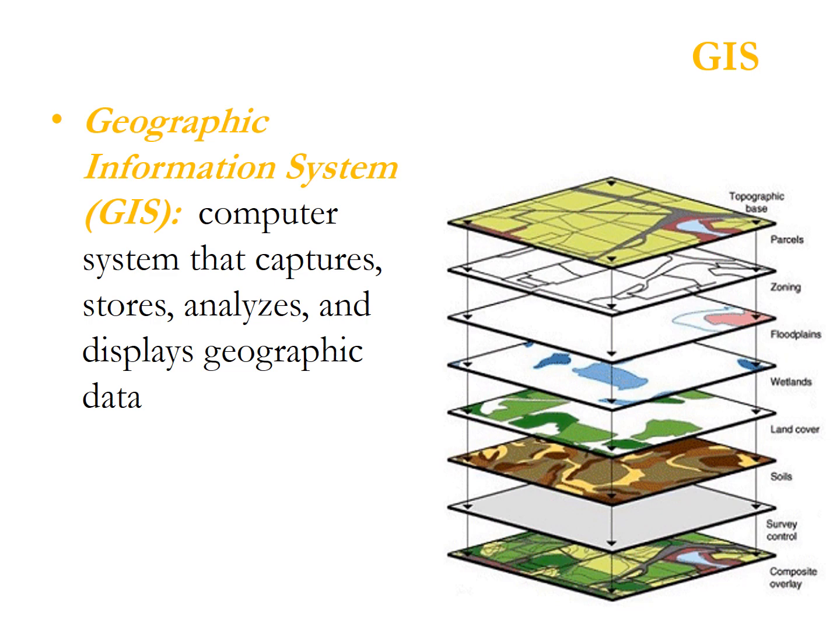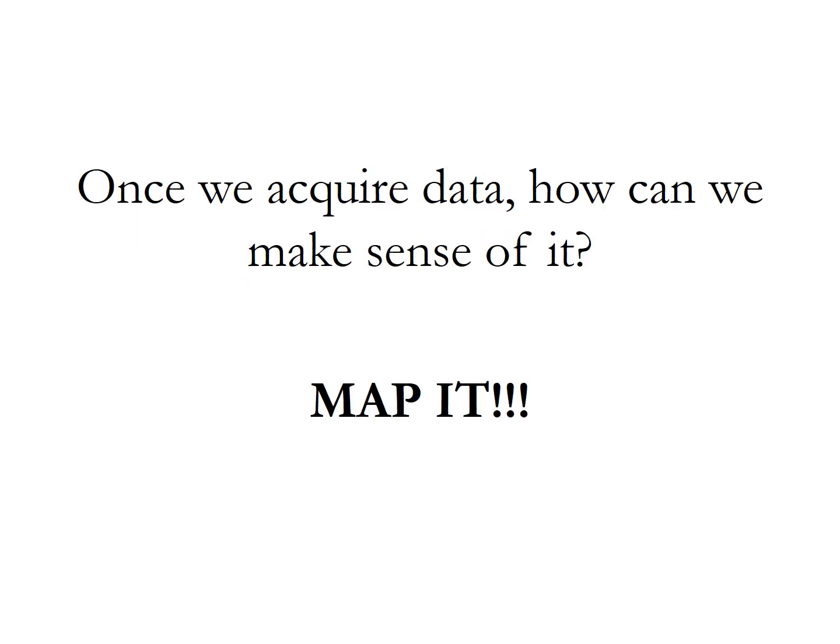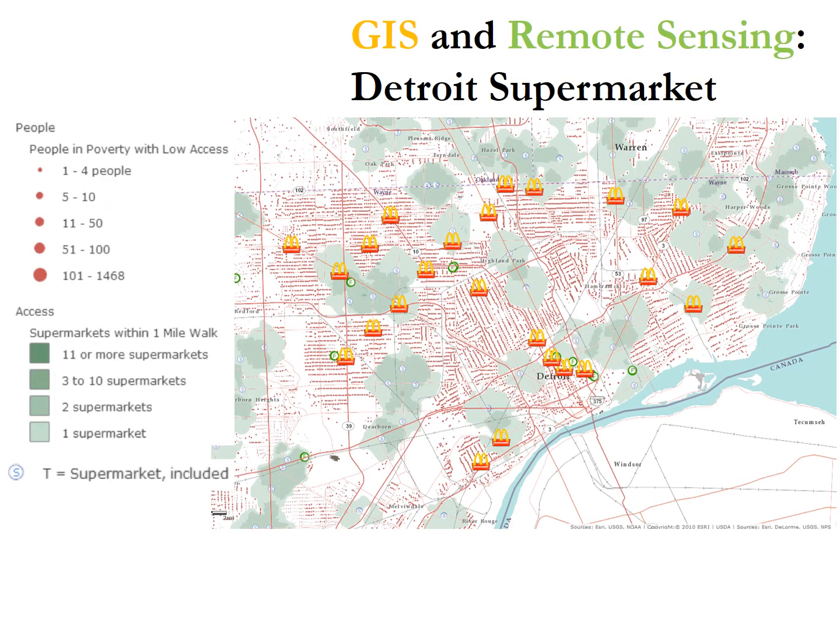And trust me, we'll see plenty of examples of this throughout the course. So as I mentioned, GPS and remote sensing both use satellites, but GPS uses it to pinpoint an exact location on the planet, and remote sensing uses it to take pictures. And once we get that data, we want to map it. So let's see what it looks like.